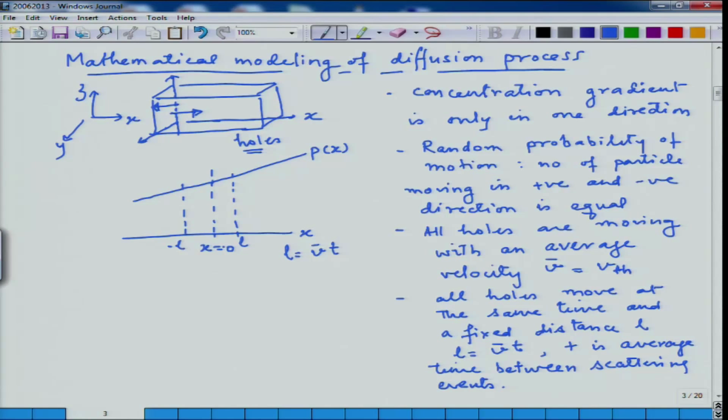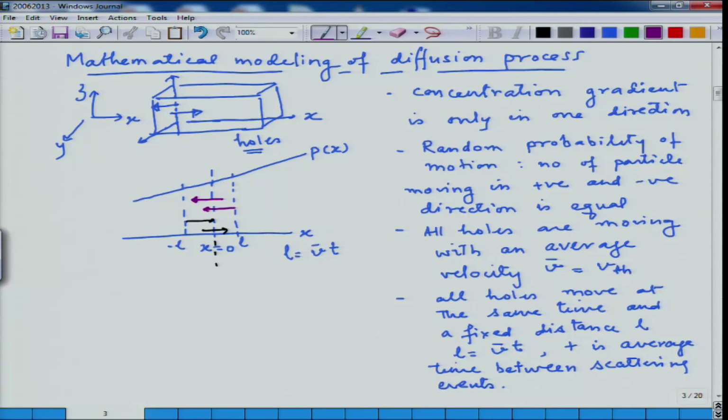Which means that if all carriers start to move at the same time, a hole which is here would have moved across this boundary in that time t. Something which is here would have also come across this boundary in time t in this direction, and by the same token the carriers would have moved across the boundary in the opposite direction as well.